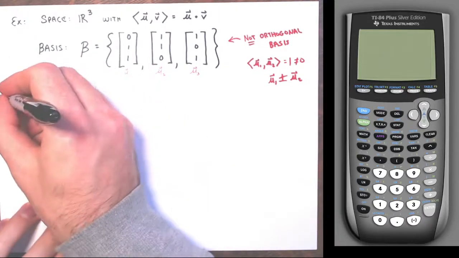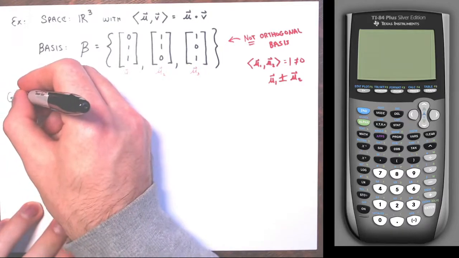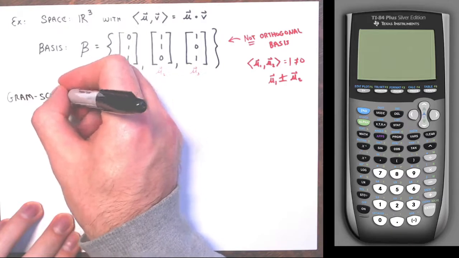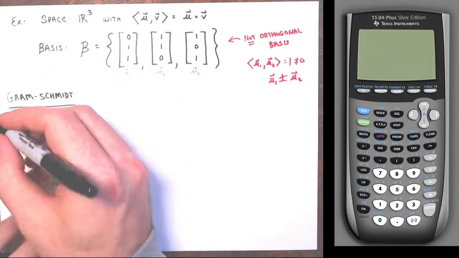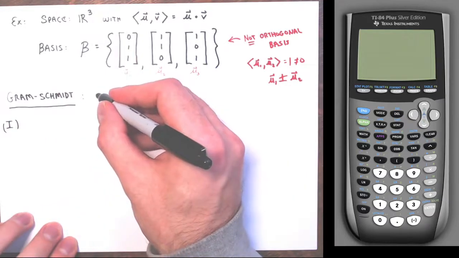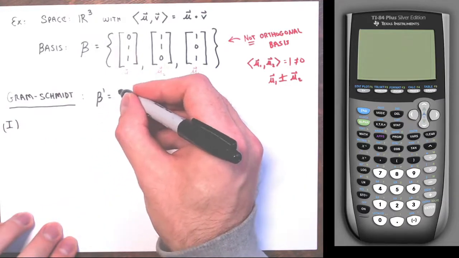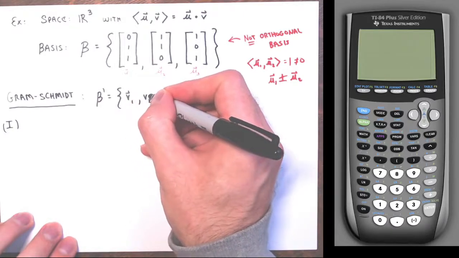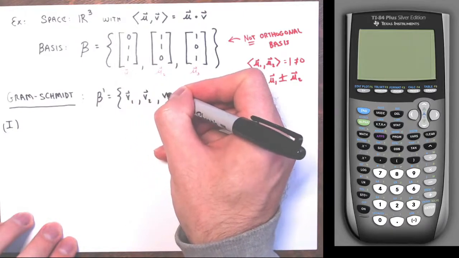All right, so Gram-Schmidt. So first step, easy. Again, I'm trying to construct an orthogonal basis called B prime with vectors V1, V2, and V3.